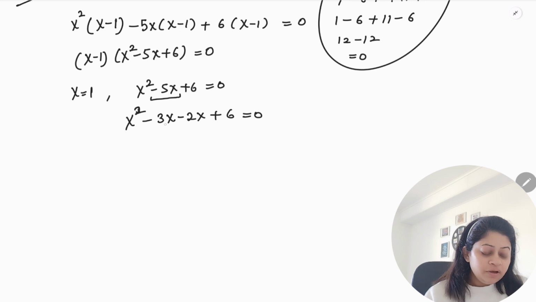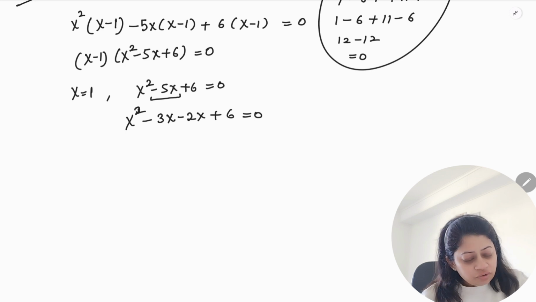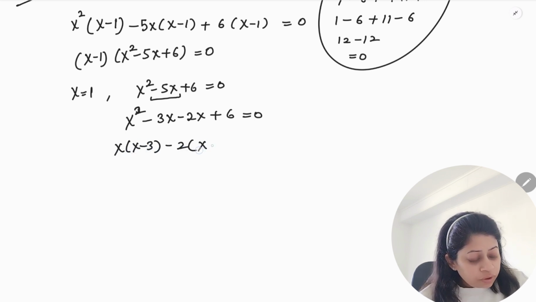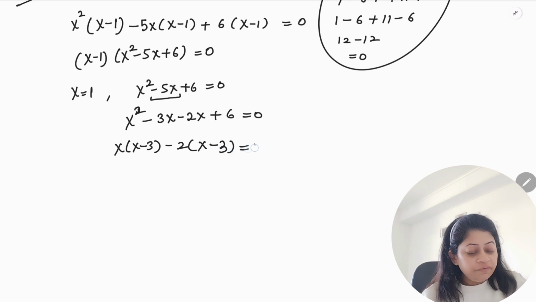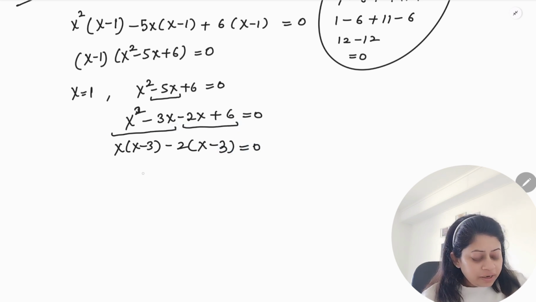If you add them, you will get minus 5x. And if you multiply them, you will get 6x square, right? So if you take x common, x minus 3, minus 2, x minus 3, right? Here we took minus 2 common, here we took x common. Now we get x minus 2, x minus 3, which gives us x is 2 and 3.